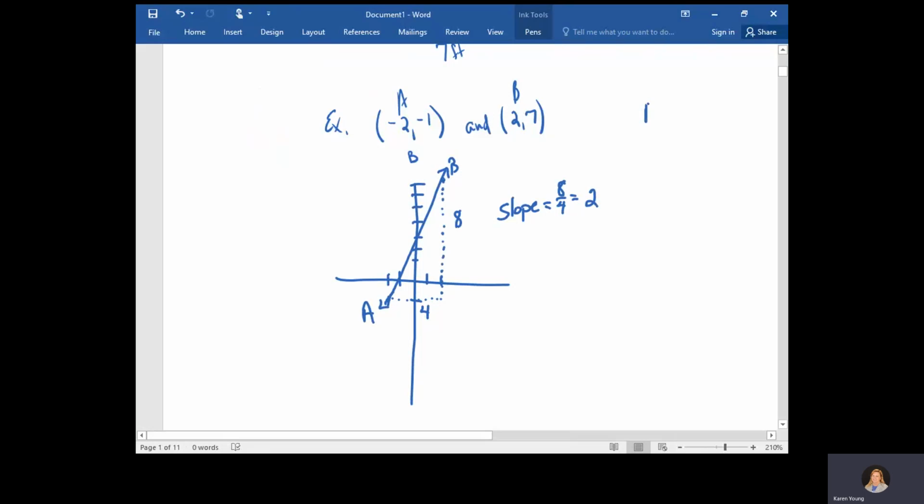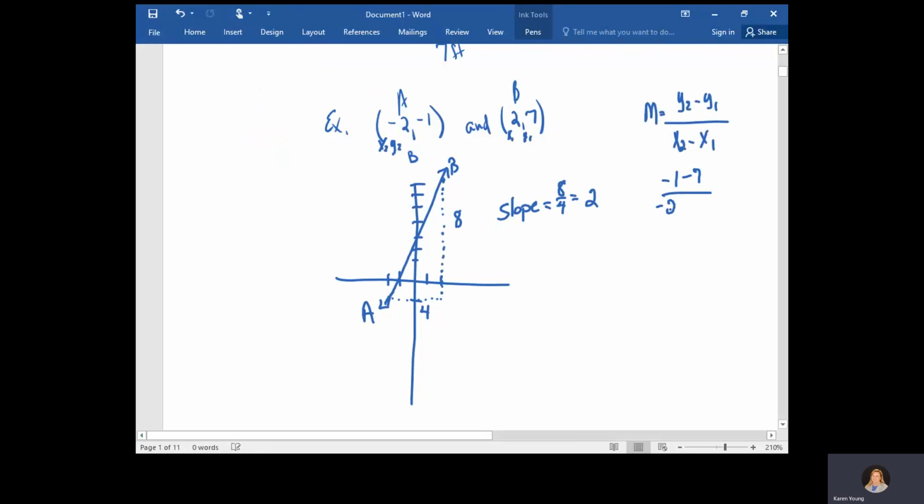So if I use my slope formula, y2 minus y1 over x2 minus x1. So this is my second point. So my x1, y1, my x2, y2. So y2 is -1 minus y1, 7.